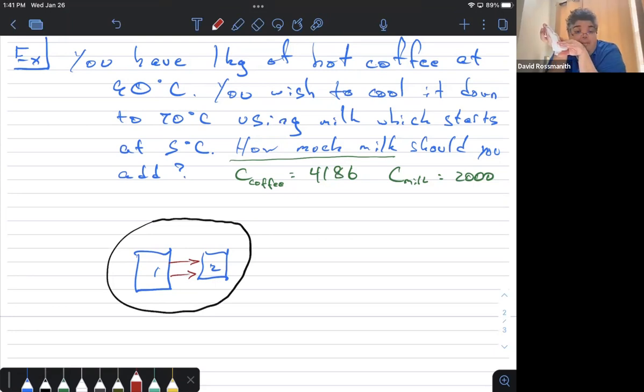the same temperature. Once they're at the same temperature, then there's no reason to move energy back and forth because they're at the same temperature. Neither one is hotter than the other.